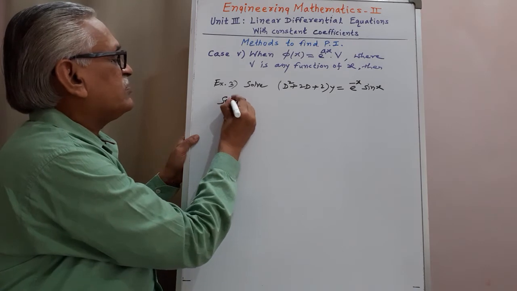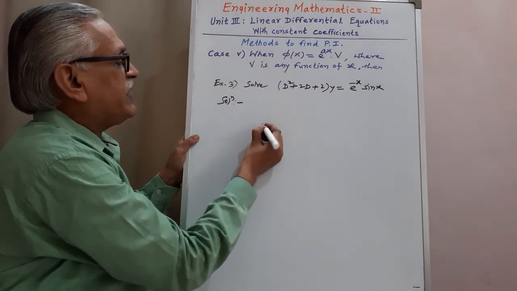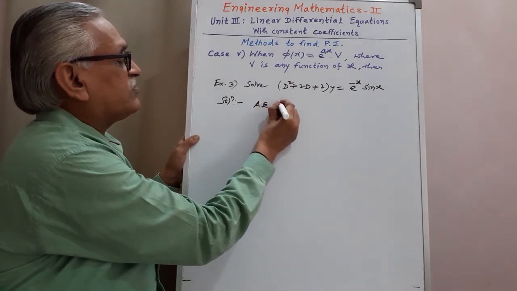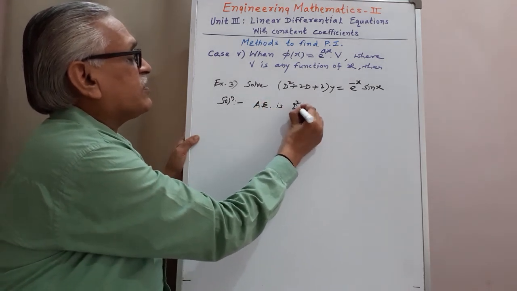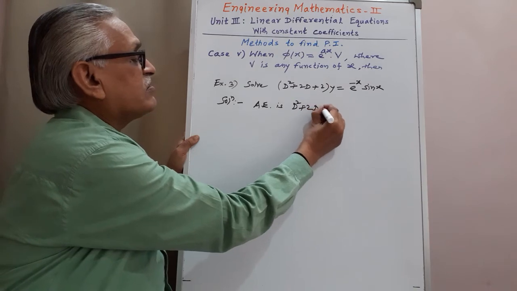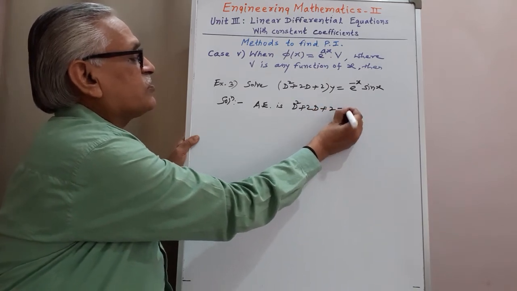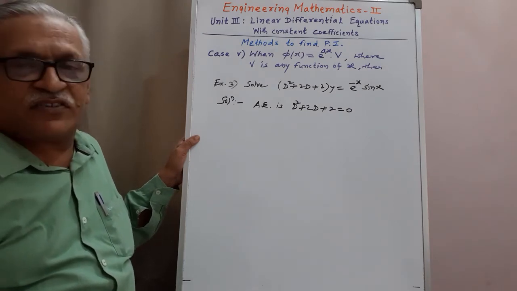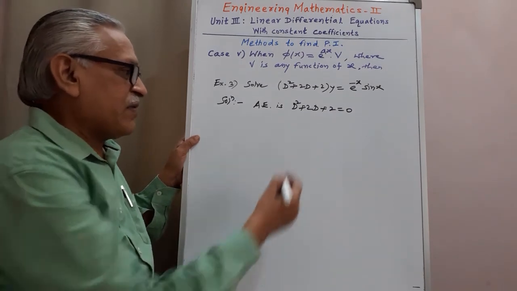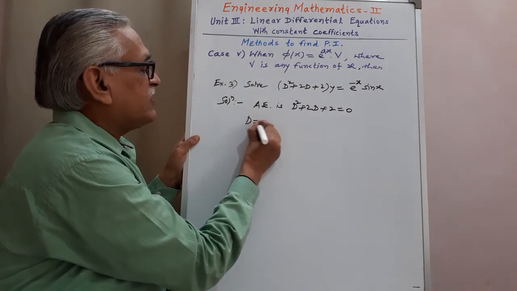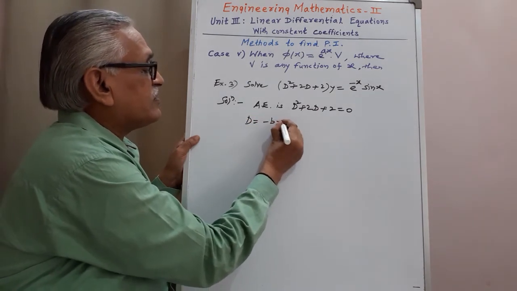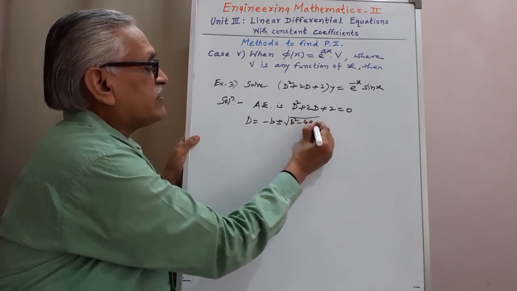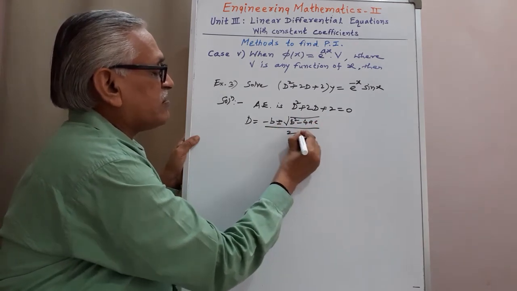Finding the solution by obtaining CF and PI. For CF, the auxiliary equation is D square plus 2D plus 2 equals 0. We are not able to find the real factors of that, therefore applying the formula minus b plus minus root of b square minus 4ac by 2a.